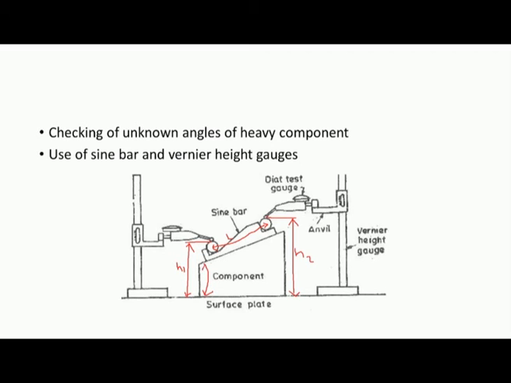So, using that relationship, sine theta is equal to the difference between H2 and H1, H2 minus H1 divided by L. So, using this relationship we can find the taper angle of the component.